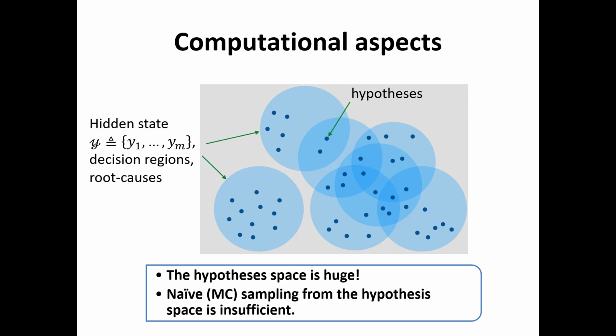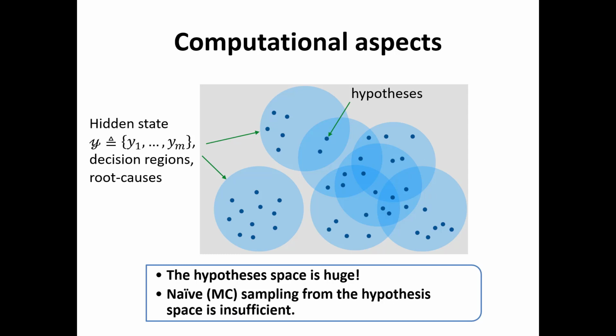EC2 looks like an effective algorithm and provides strong theoretical guarantees. However, there are still several issues that I will talk about in the following. The first issue is about computational aspects. All the methods that I mentioned, either EC2 or uncertainty sampling or information gain, require explicit enumeration of the hypothesis space.